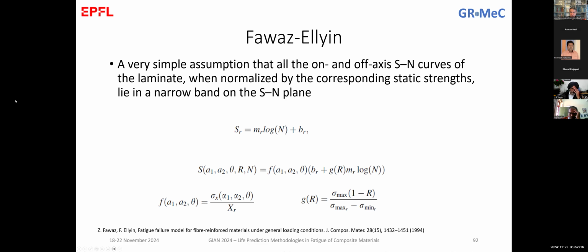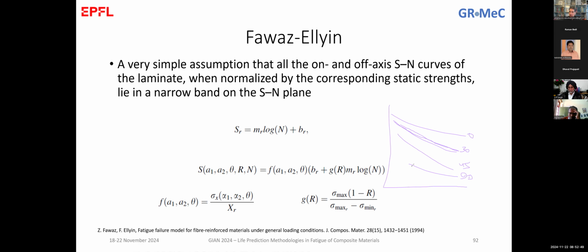Let me visualize this a bit. If you do tests, and you remember the first material that we did tests at 0 degrees, 30 degrees, 45 degrees, and 90 degrees, and so on. So Fawaz and Ellyin said that if you know one of these, imagine that you know the 30 degrees, then you can estimate all the others by multiplying by the static strength difference. So that all the SN curves for them are parallel.